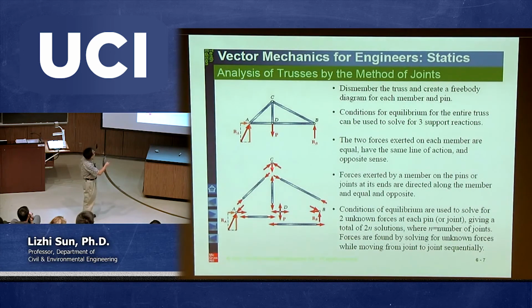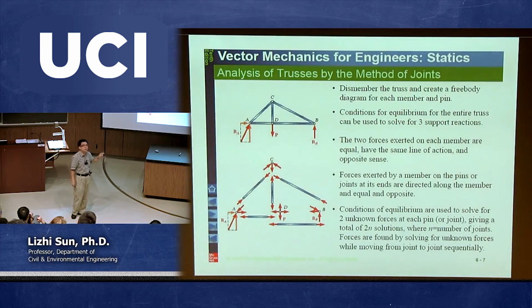So for example, at point C, you see here, I make the cut here and then I give a force acting on joint C into that point, right? You may argue with me, why do I have to assume it this way? Can I assume a force leaving that joint C? It definitely is not a problem. And in fact, I'm going to give you some suggestions when we are making the cut.